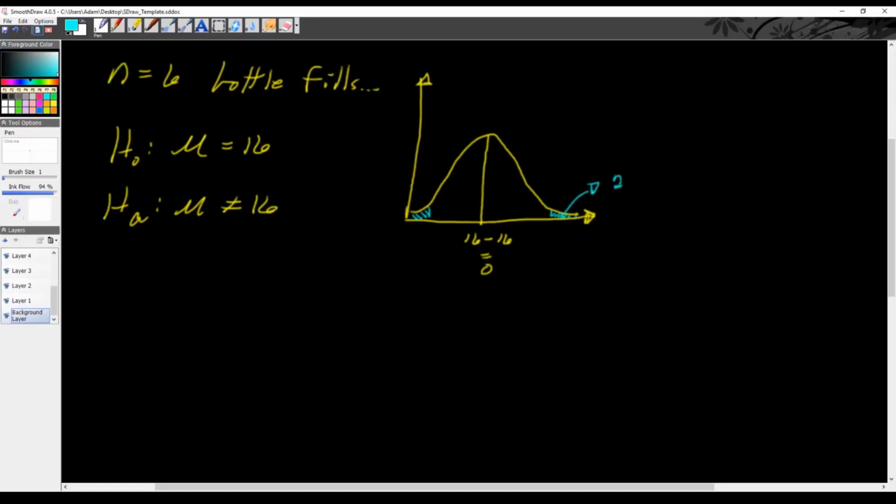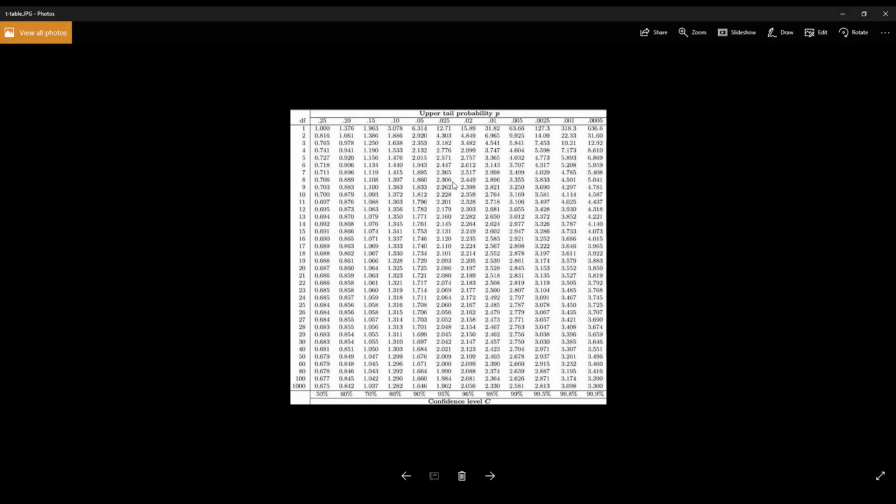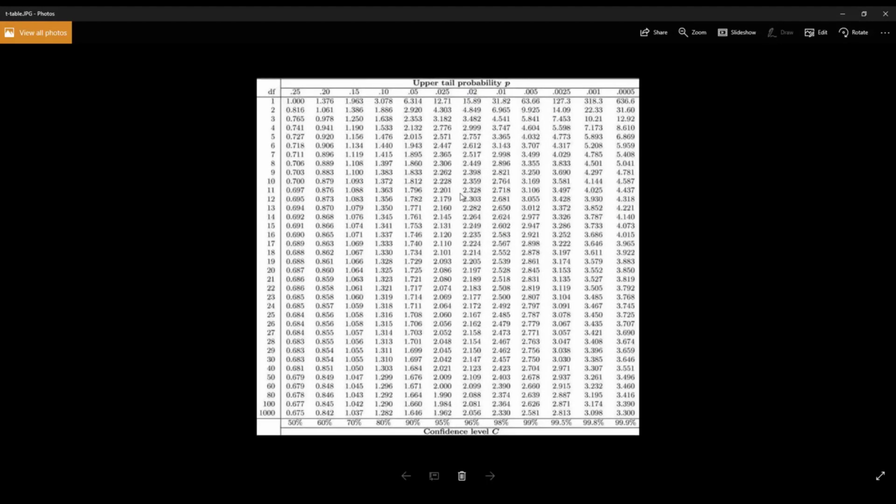So we're going to put 2.5% in the left tail, and we're going to put 2.5% in the right tail. We know that n is equal to 6. So if n is equal to 6, what is the critical t-value? Well, let me open up my t-table and we'll check it out. So I've got stat tables here, and this is my t-table, and we've got a sample of 6.